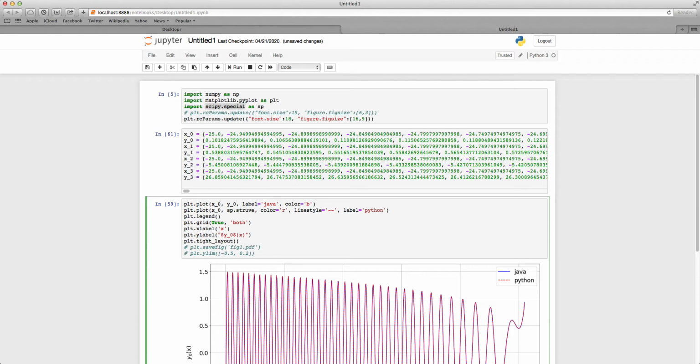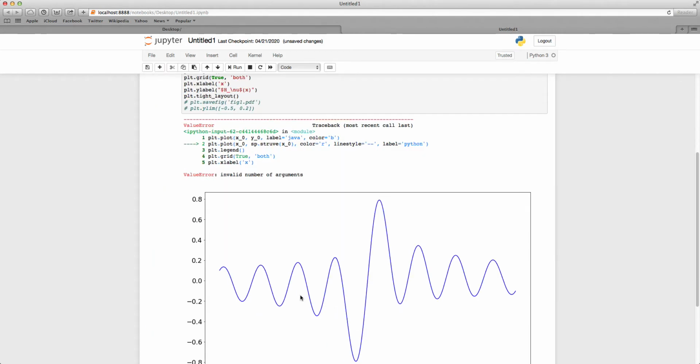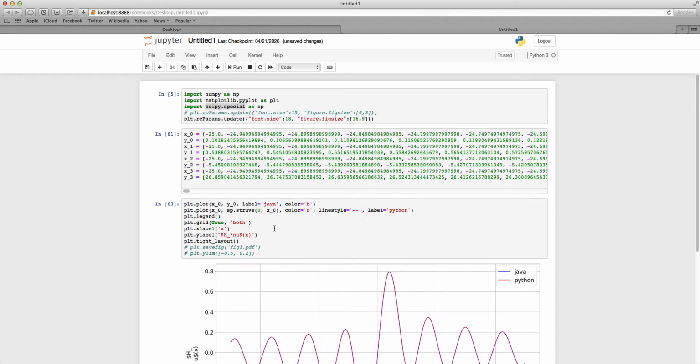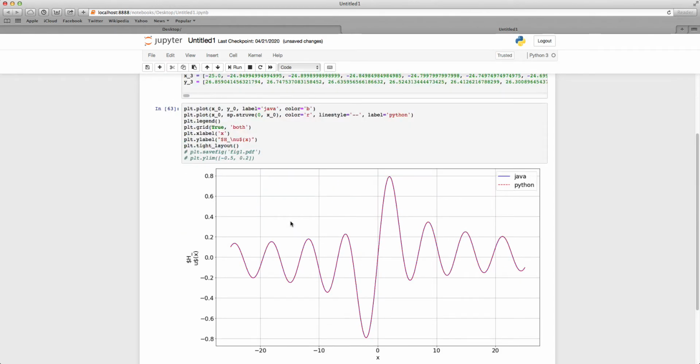I believe this is it. Let's try. So y label, let's call it H_new. All right, so we have to tell it, okay, y0 is H0. So we are plotting H0.